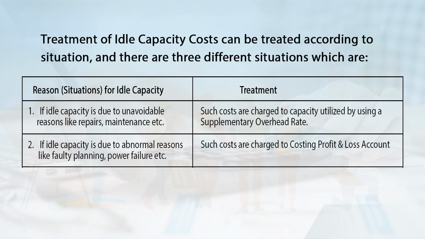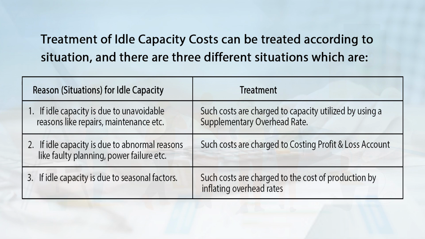If idle capacity is due to abnormal reasons like faulty planning, power failure, etc., such costs are charged to costing profit and loss account. And third, if the idle capacity is due to seasonal factors, then such costs are charged to the cost of production by inflating overhead rates.